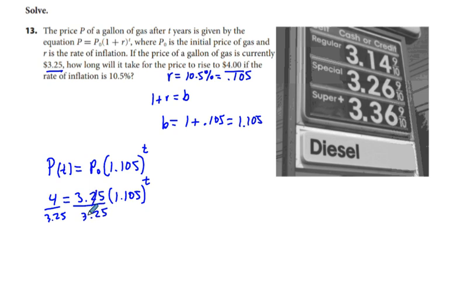And what we get is 1.105 to the power of T is equal to 4 over 3.25.